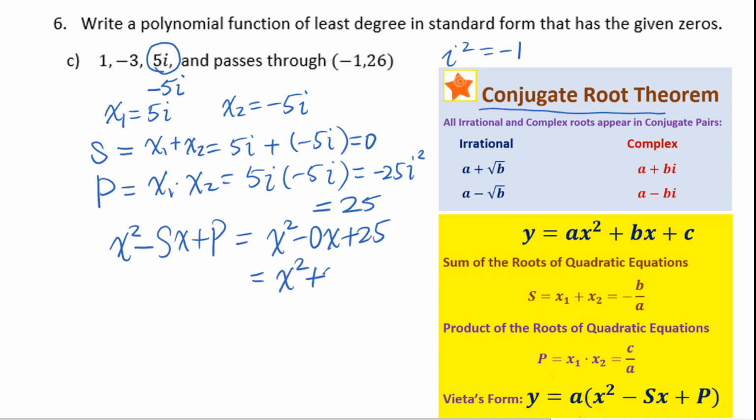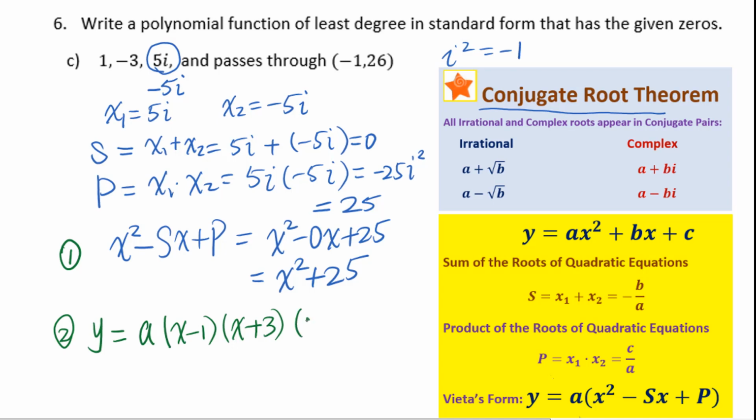Simplify: x squared plus 25. This is the first step. We found a quadratic function with the complex roots. Second step, we can set up y equals a times (x minus 1)(x plus 3) times (x squared plus 25).